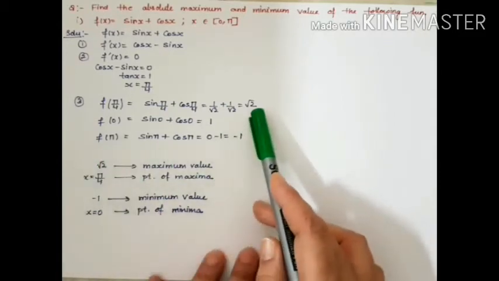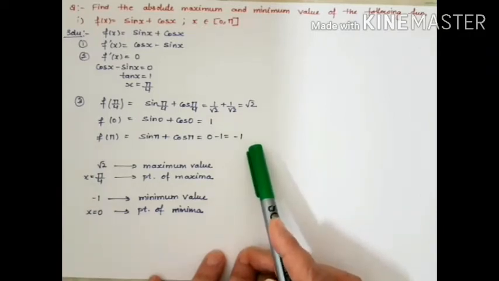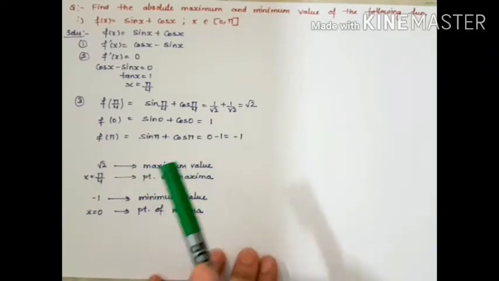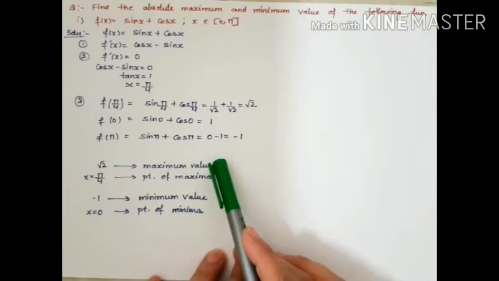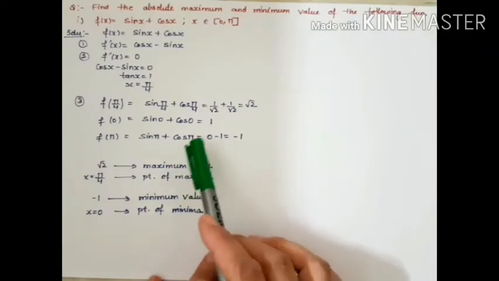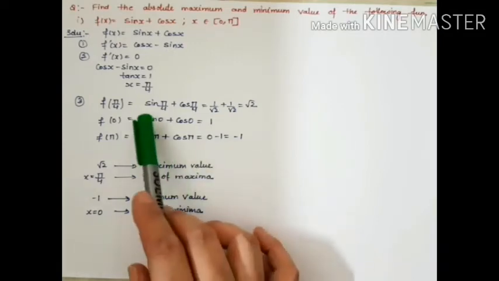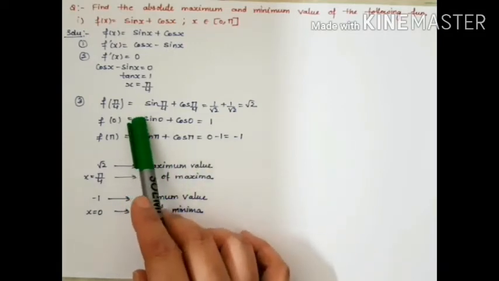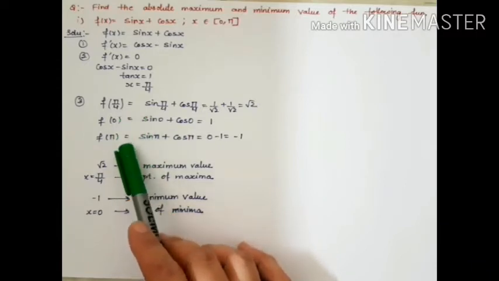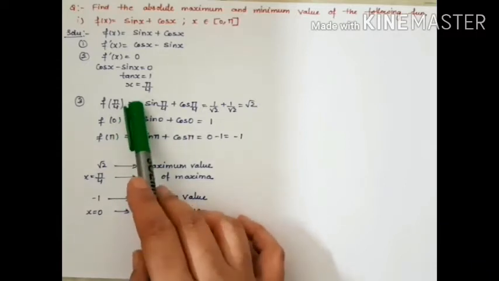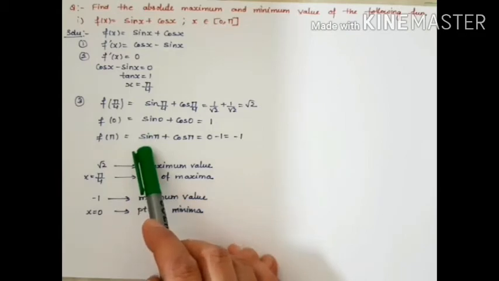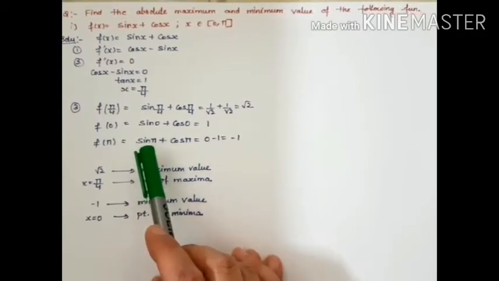So there is one more observation you can see here: it is not necessary that you will always get the maximum or minimum value only at the extremes of the interval, that is, at 0 and pi only. It could be the critical point also, depending on the question.